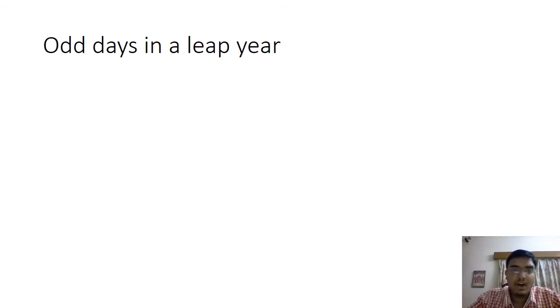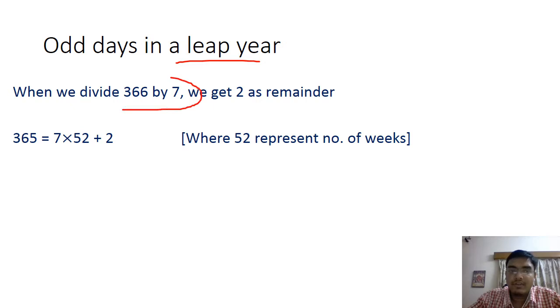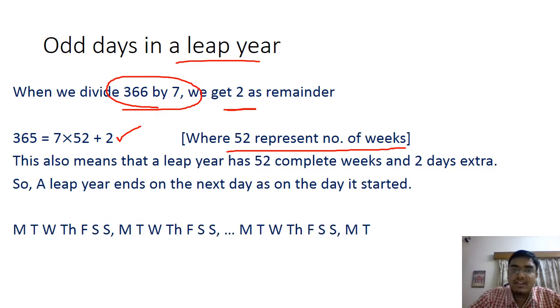Similarly, let us see how many odd days are there in a leap year. We'll divide 366 by 7 because we have 366 days in a leap year. We will get 2 as remainder. This means we have 52 weeks and 2 extra days. What will these extra days do? As we saw previously, if our year started on Monday, in an ordinary year our year was ending on Monday itself.